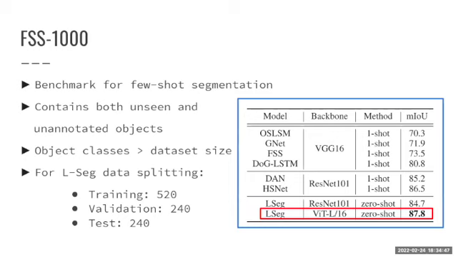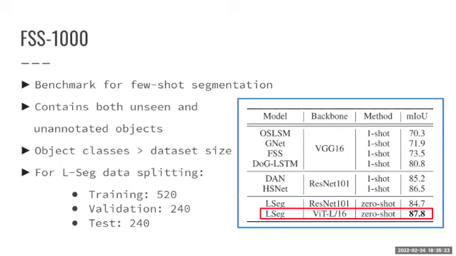Let's move on to the third benchmark, that is FSS 1000. It contains both unseen and unannotated image objects. The main goal of FSS 1000 is that object classes are emphasized more than the data size. So the 1000 classes are divided in such a way that training is of size 520 classes, validation is 240, and test size is also 240.